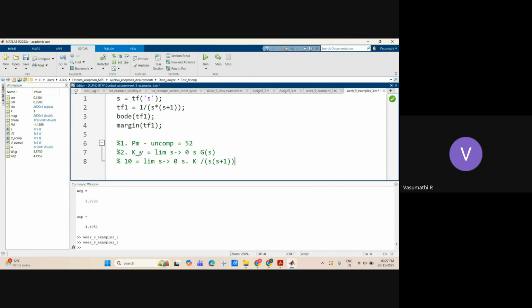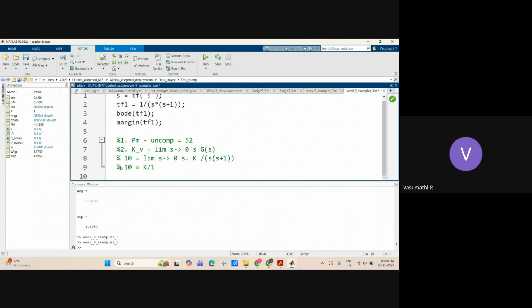If I put s, this s and this s will get cancelled. It will be K by (s plus 1). If I put 0 for that, 10 equal to K by 1. So K equal to 10.